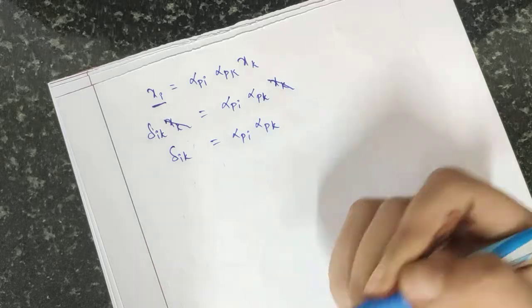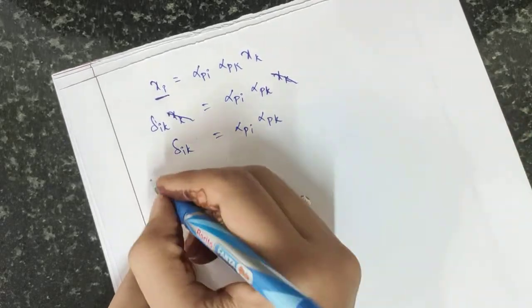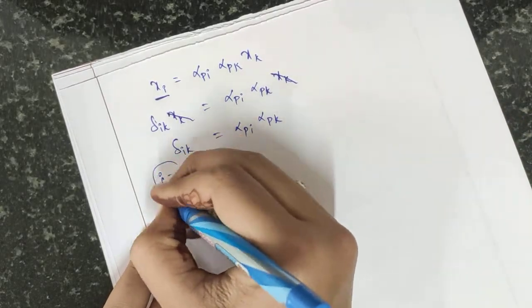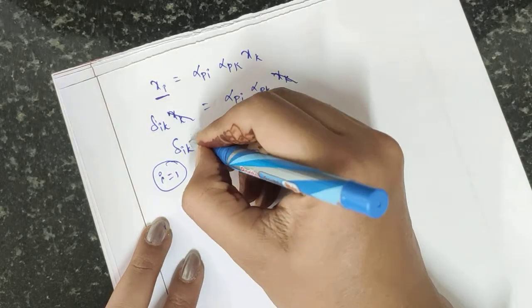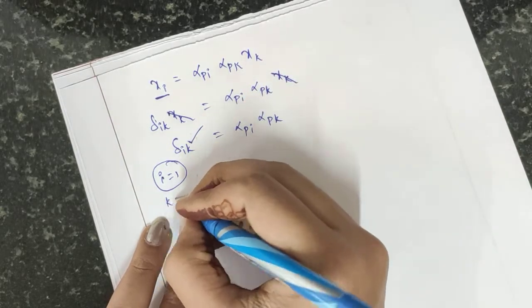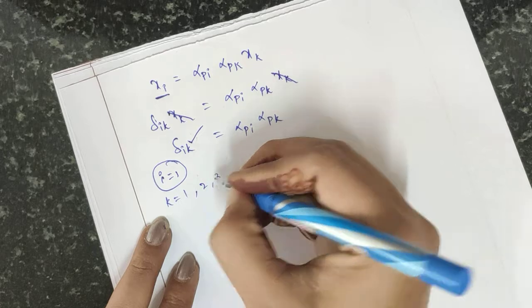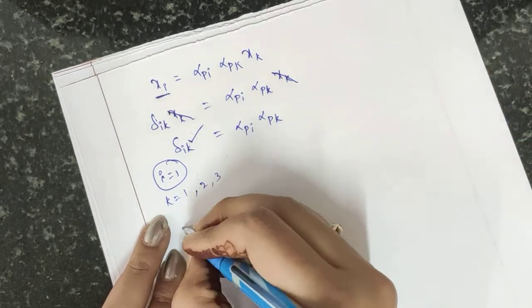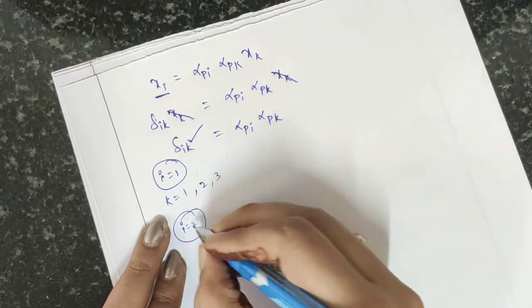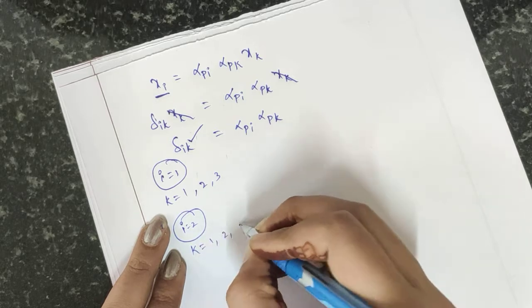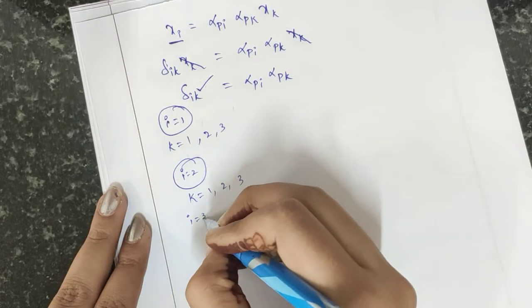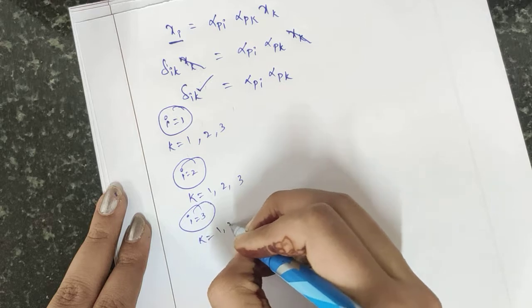Now follow the same procedure. Here first you will fix the value of i is equal to 1, and for different values of k, that is k is equal to 1, 2, 3, find the values. Similarly, when i is equal to 2, k is equal to 1, 2, 3, and when i is equal to 3, k is equal to 1, 2, 3.